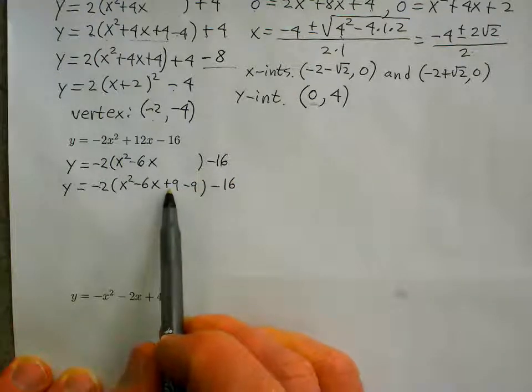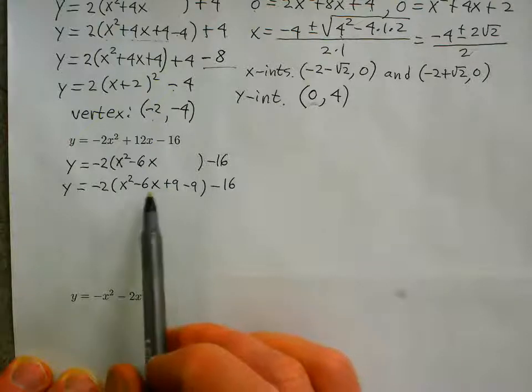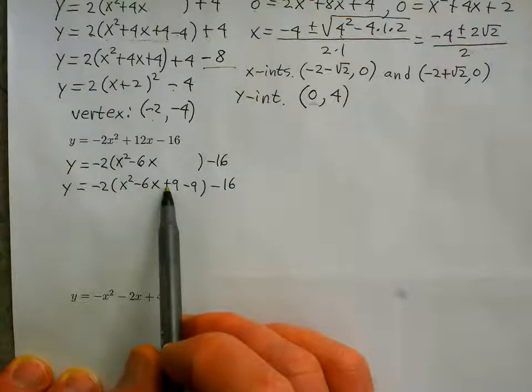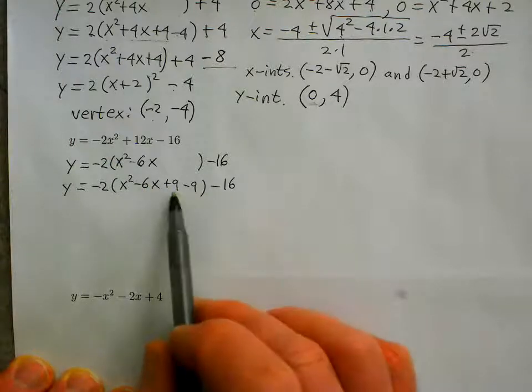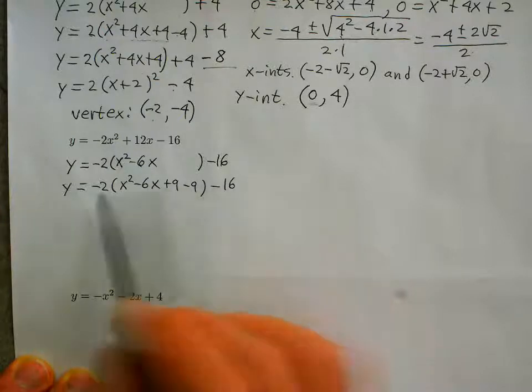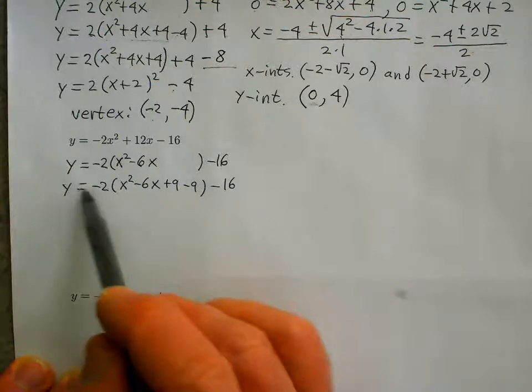So this +9 was determined by taking 1/2 of -6 and squaring that number. 1/2 of -6 is -3, but when you square -3, you get +9. And then as soon as we add 9, we subtract 9 to maintain balance or equality.